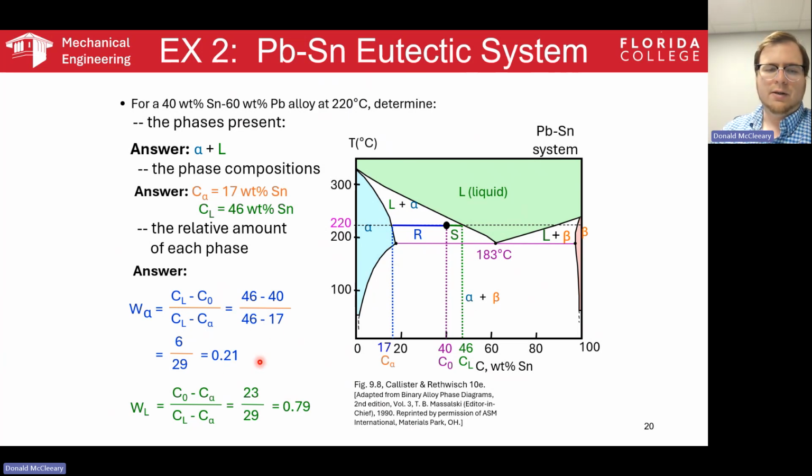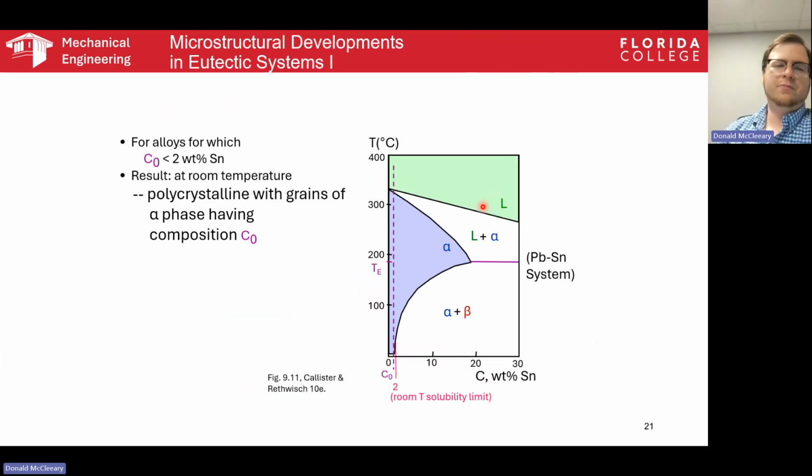That ends up being 0.21. And then the inverse of that would be our mass fraction of our liquid phase, and that would be 0.79. So put another way, 21% of the mass is alpha phase, and 79% of the mass is our liquid phase.